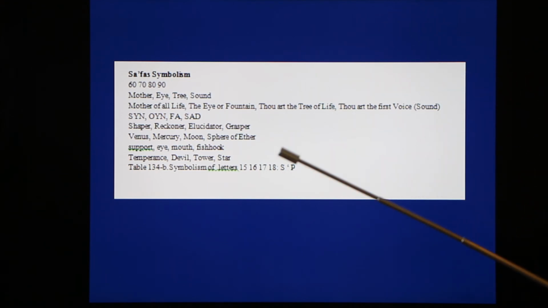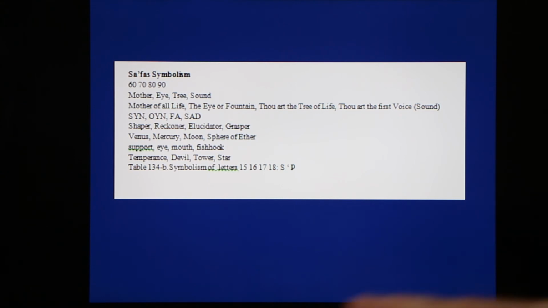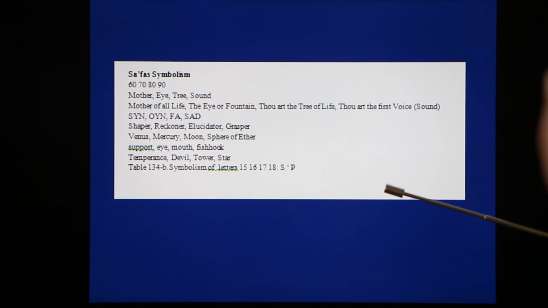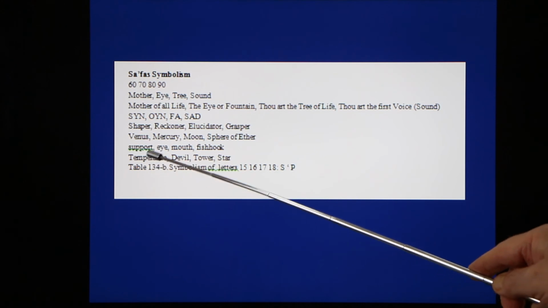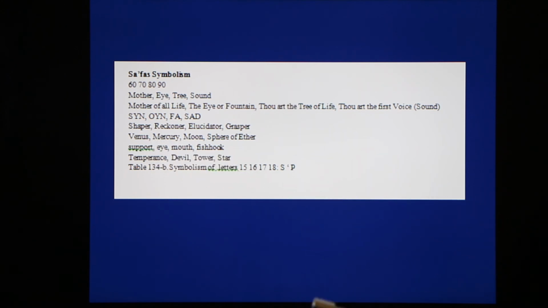So it's almost as if this was like the Aum stage, or the vibration stage in the fourth Saptaloka, where we're changing from the mother to the actual sound that creates the universe. And then it can also mean support, eye, mouth, fishhook, and so on.